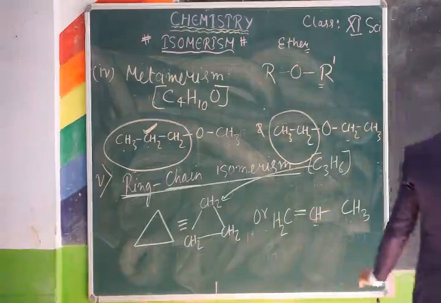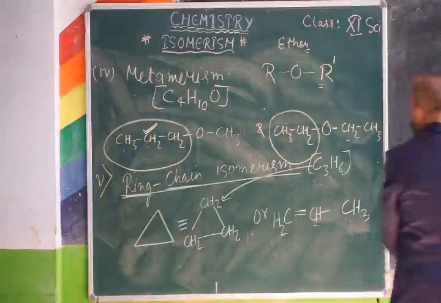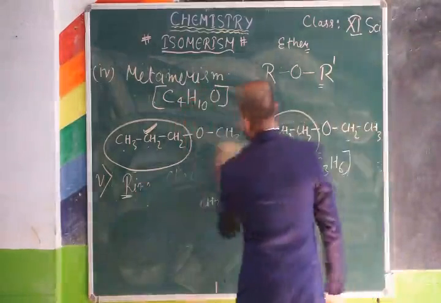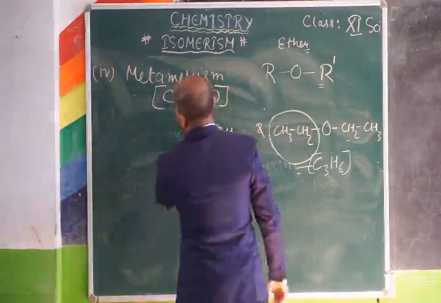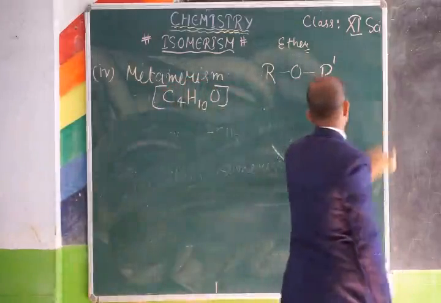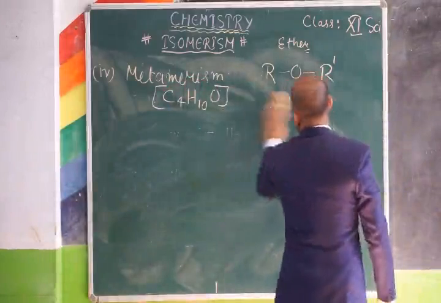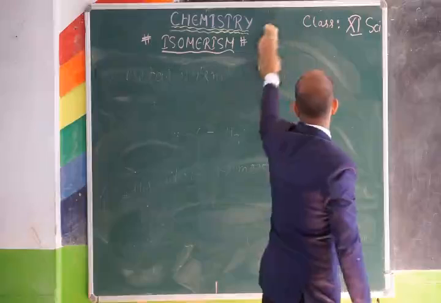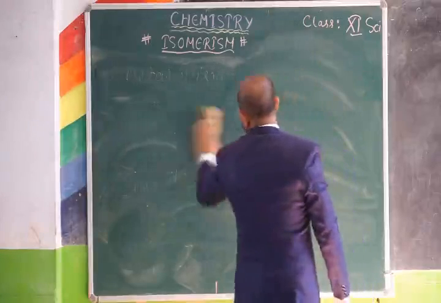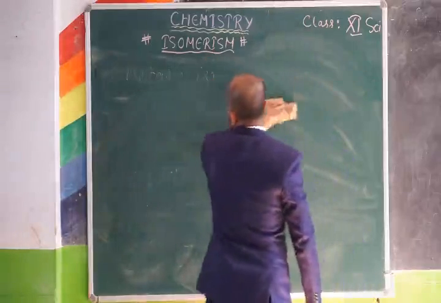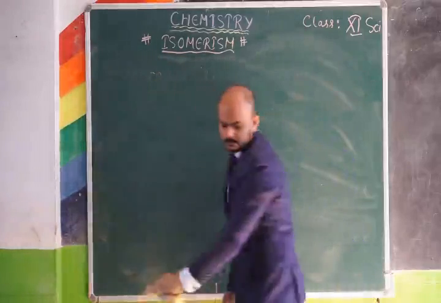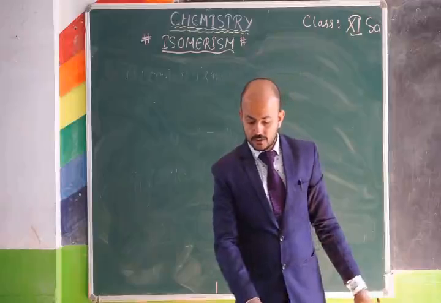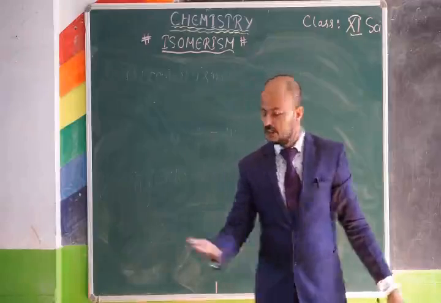Okay. Now let's discuss the last type of structural isomerism, that is tautomerism. Now we are going to discuss tautomerism.